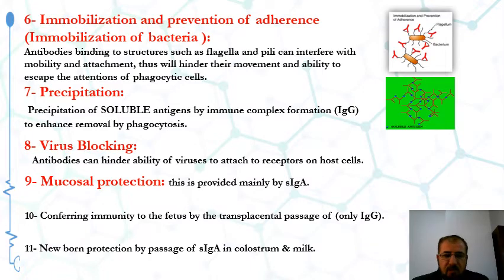Number 9, mucosal protection, and this is provided mainly by the IgA antibodies. And number 10, conferring immunity to the fetus by crossing the placenta, and this can be done by the IgG antibodies. Number 11, newborn protection by passage of IgA antibodies in colostrum and milk.